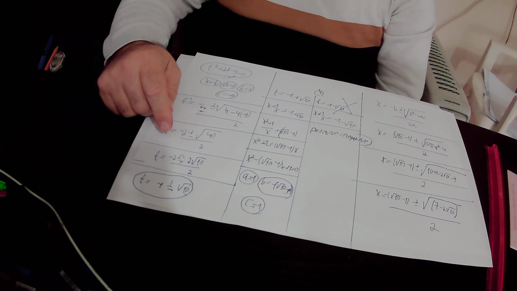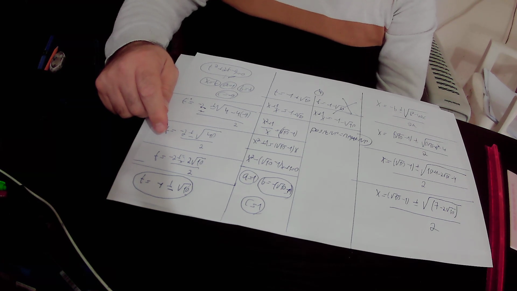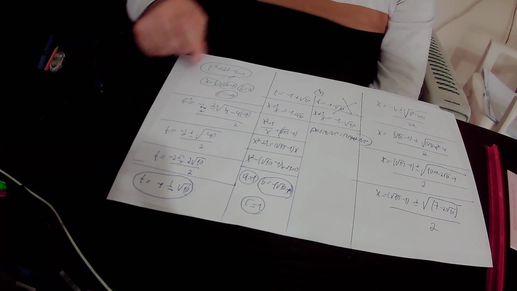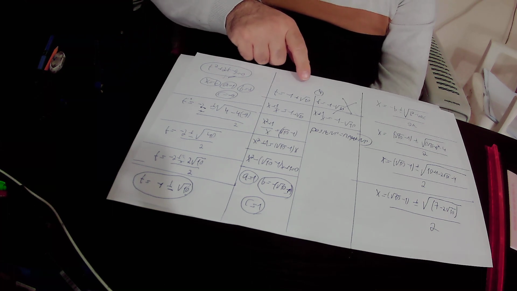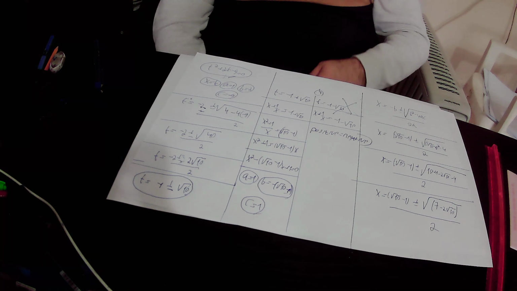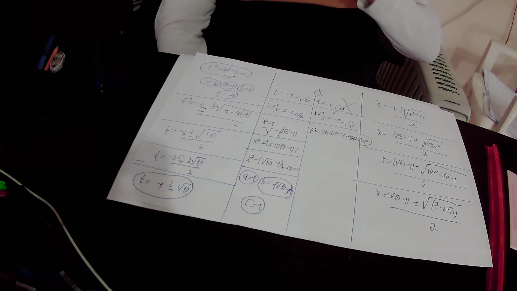So here minus 2 over 2 is minus 1, and 2 over 2 is 1, so in conclusion we found out that t equals minus 1 plus minus square root of 10, that is to say t has two different solutions. The first solution is t equals minus 1 plus square root of 10, and the second solution is t equals minus 1 minus square root of 10.